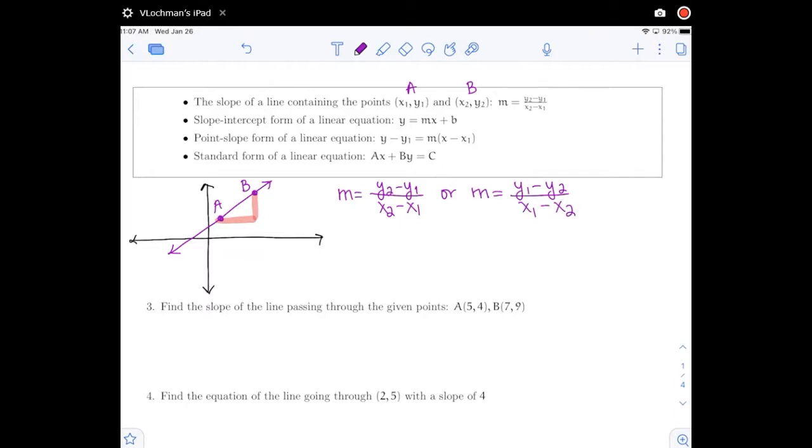So you see how my y2 and x2 match up with y1 and x1, right? Either way, it is standard to use this equation right here, but really it doesn't matter. You can pick any of those points to be the endpoint and you will get exactly the same answer.